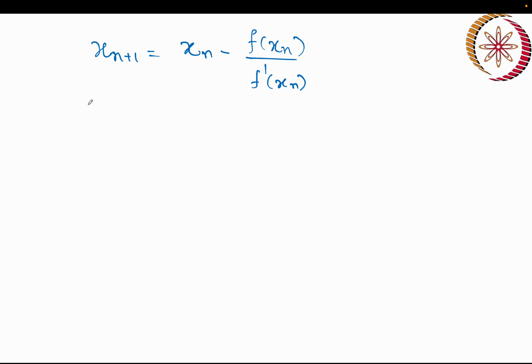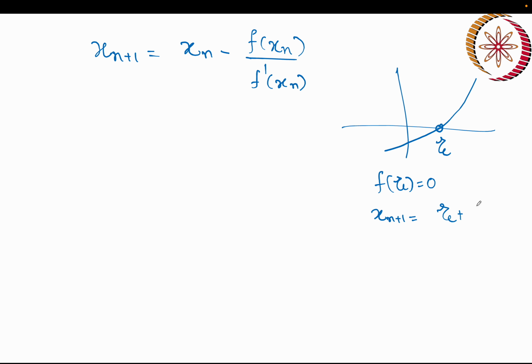Let's say this is the function, and we are saying that xi is the root, so f of xi is 0. And x_{n+1} is nothing but xi plus error.